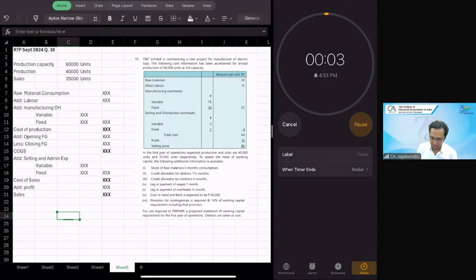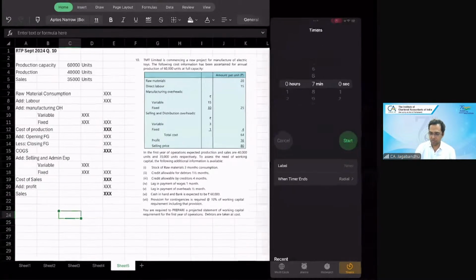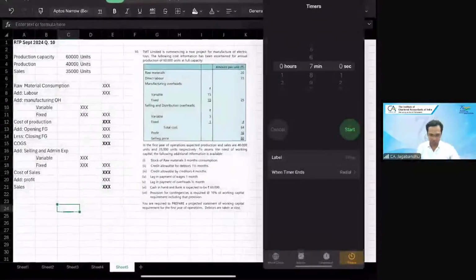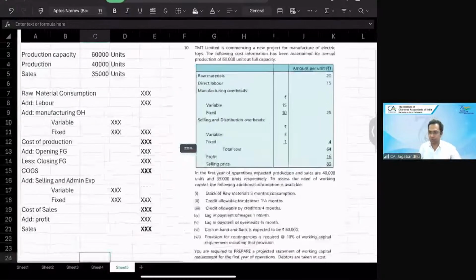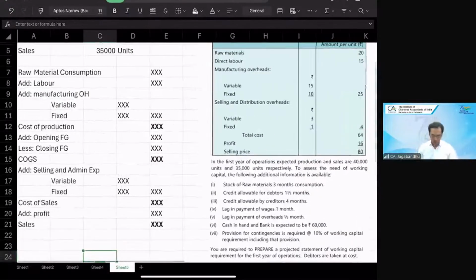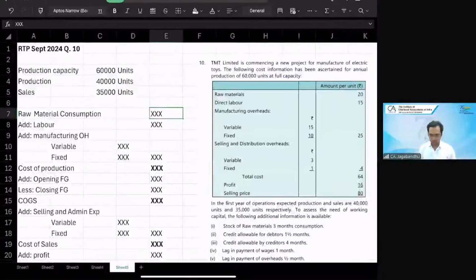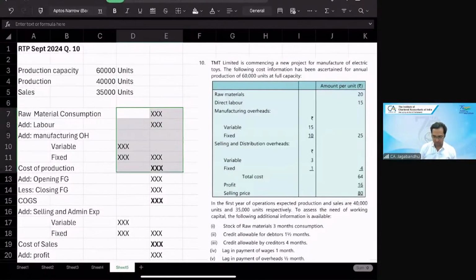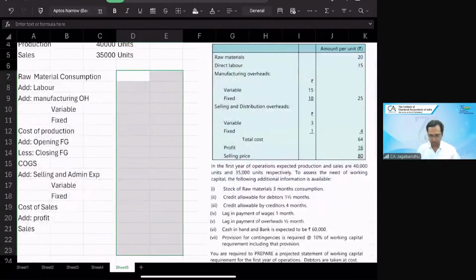Okay, so it's time up. Let me just start with the cost structure. Okay, so material consumption, raw material consumption. I'll just remove this process from here.